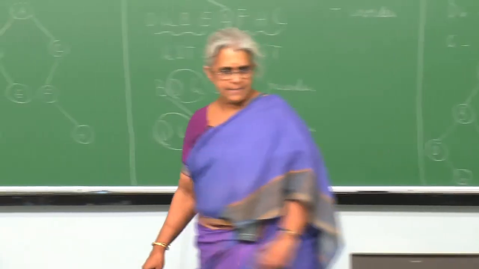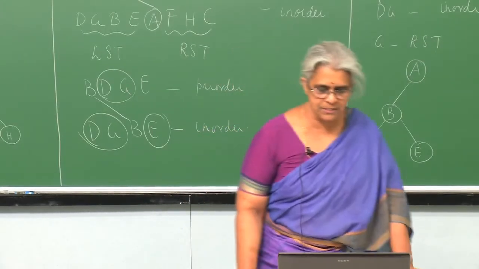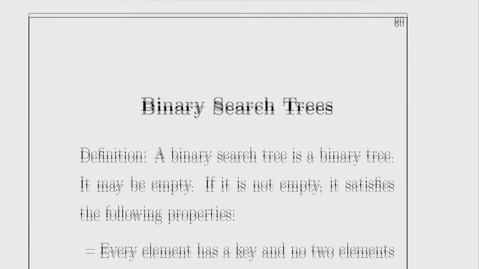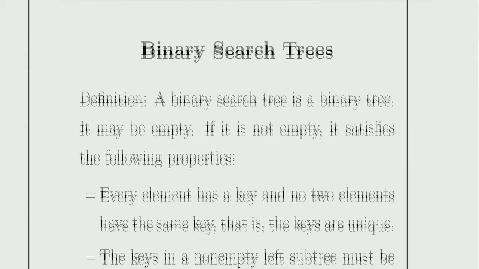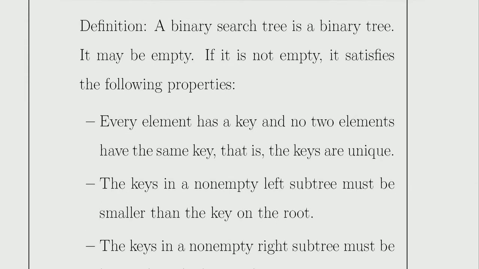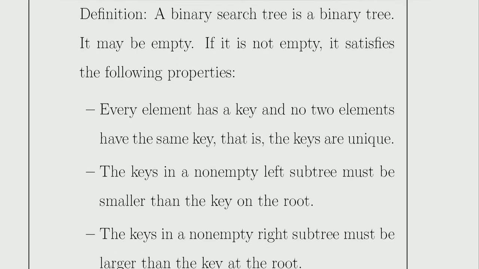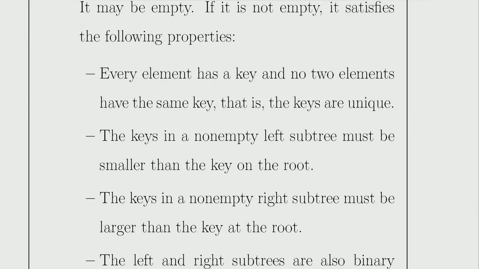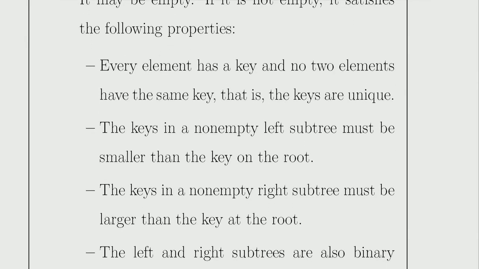Now, what is a binary search tree? A binary search tree is also a binary tree. It may be empty. If it is not empty, then it satisfies the following properties. Every element or node has a key, and no 2 elements have the same key. What is the meaning of it? That means the keys are all unique.